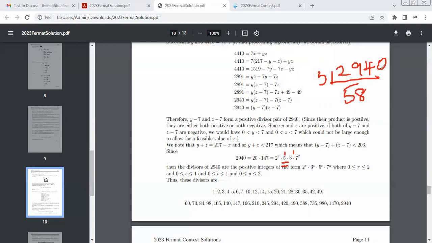So 40, I do have another 4 here, and you'll have 5 8 8. I would be able to divide this by 2. But you can only have one 5. That is clear. But what about the others? The 2 can be, the 7 can be, and 2 can be what? It can also be 1.